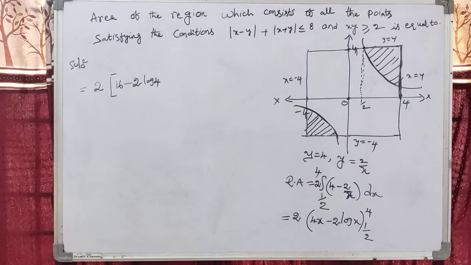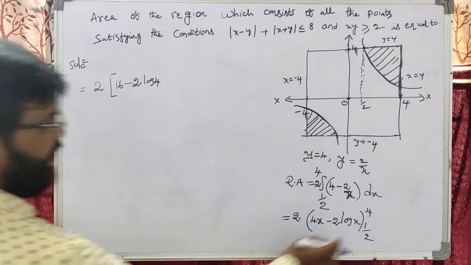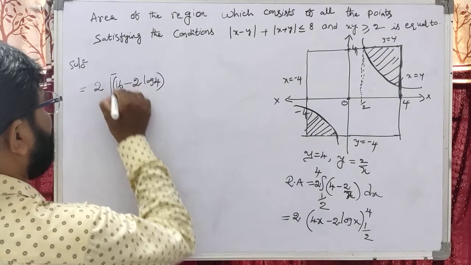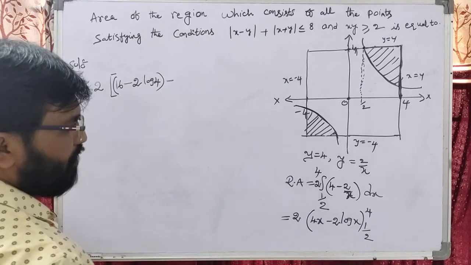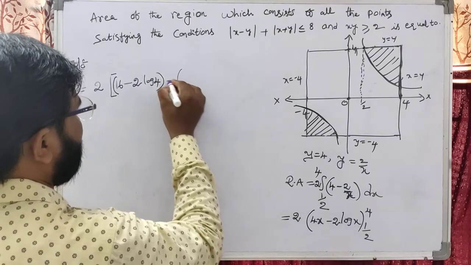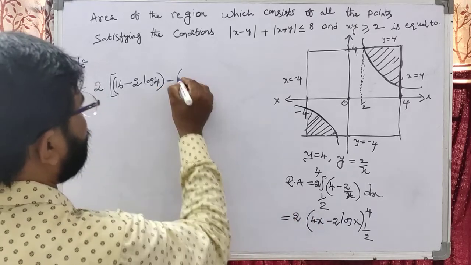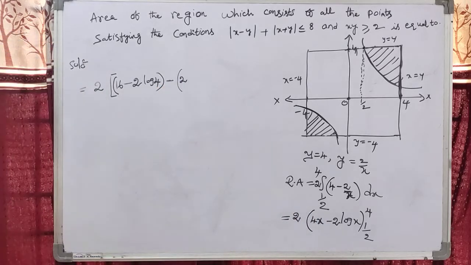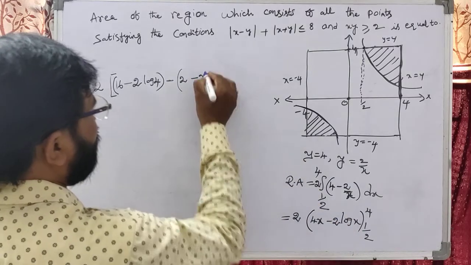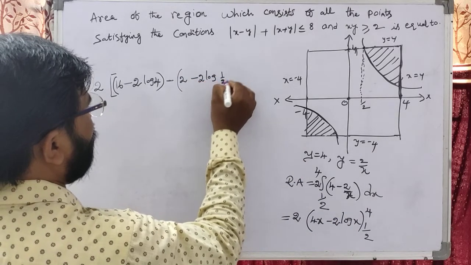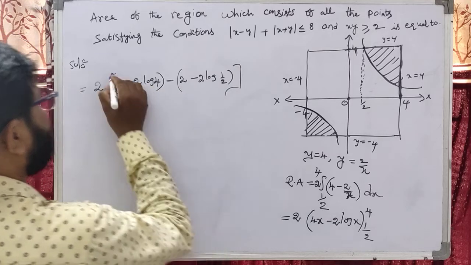Then comes the lower limit, that is minus of 4 by 2, which is 2, okay. Now this is minus 2 into log of 1 by 2, okay students.